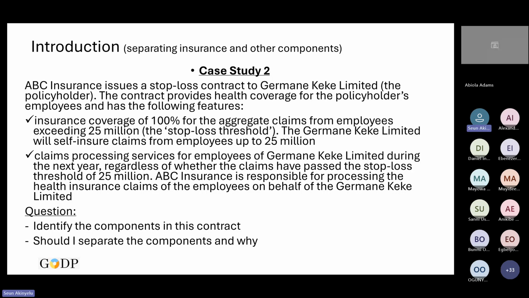What do you think? Do we account for it as one single contract, or do we need to break them apart?